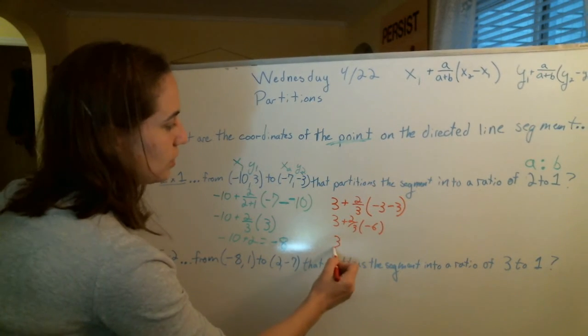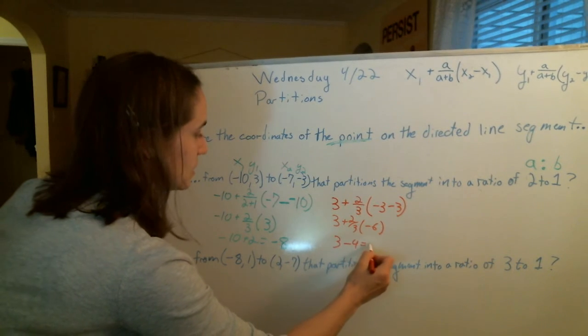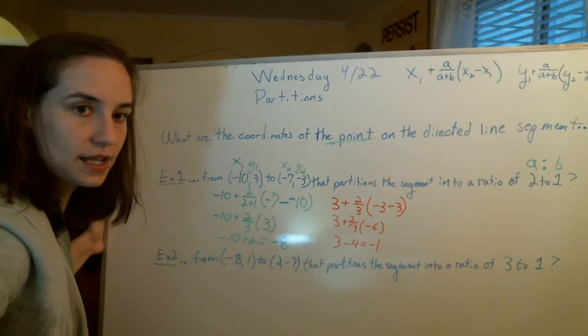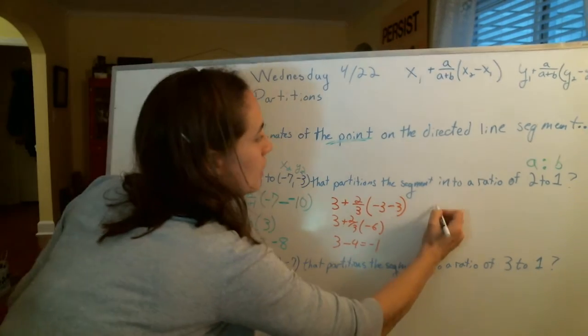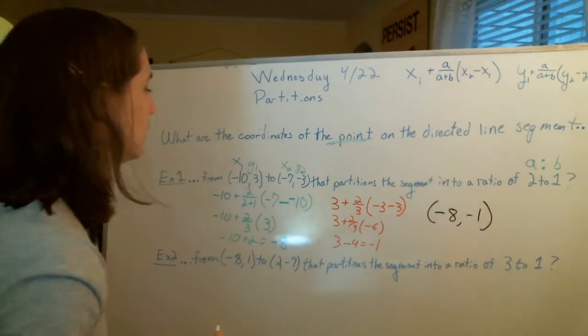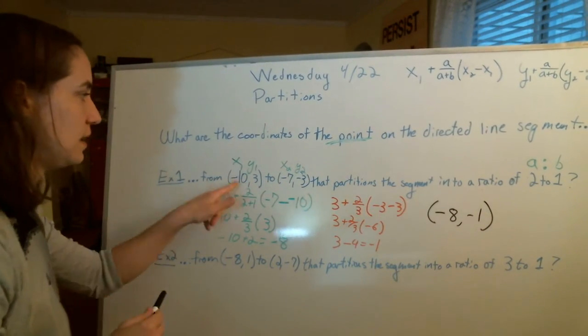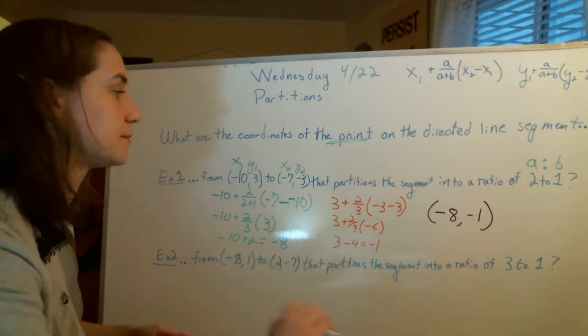So that's 3. And if you type that in the calculator or no, it's 3 minus 4, which is negative 1. So my final answer ends up being the point negative 8, negative 1. Okay, that's what partitions this point into that ratio. So it's the point that is the divider.